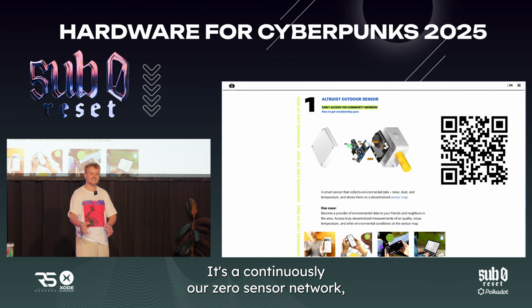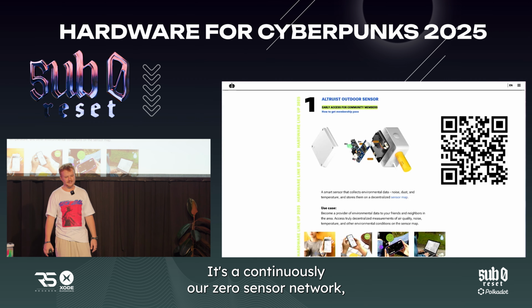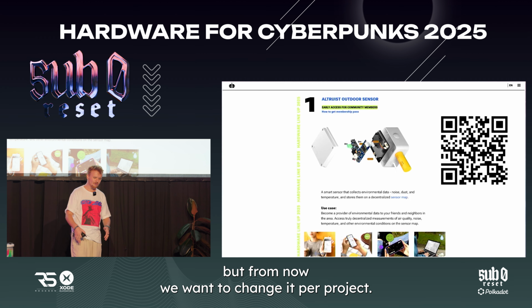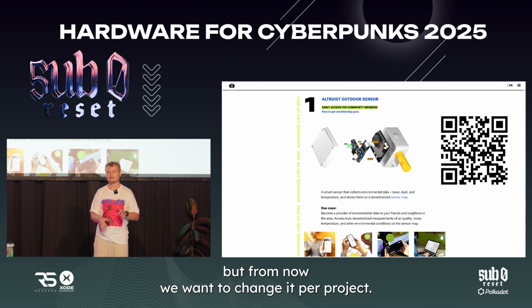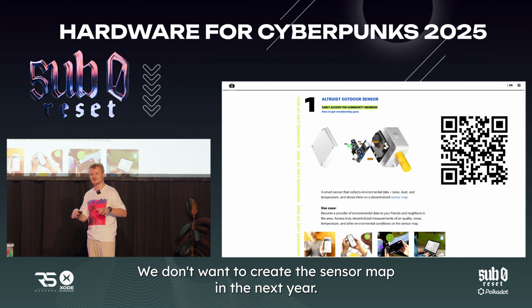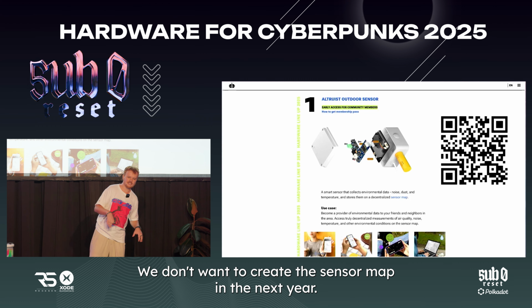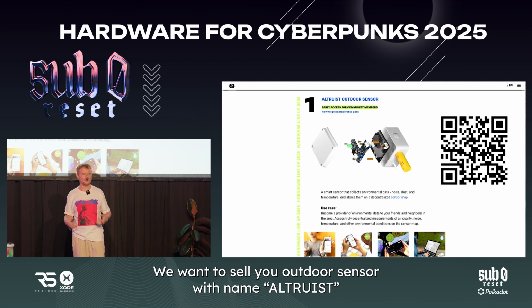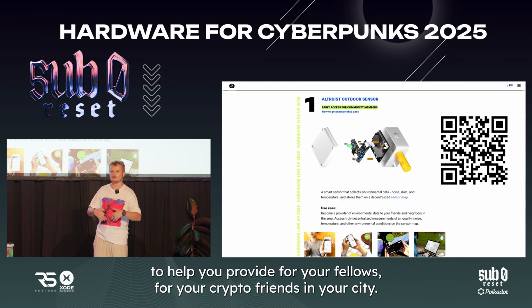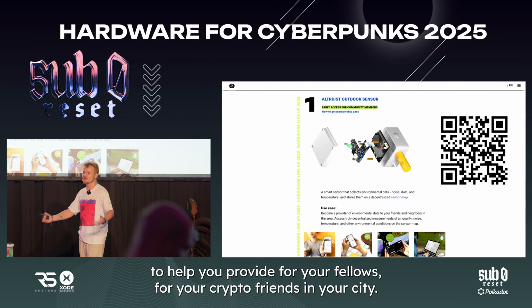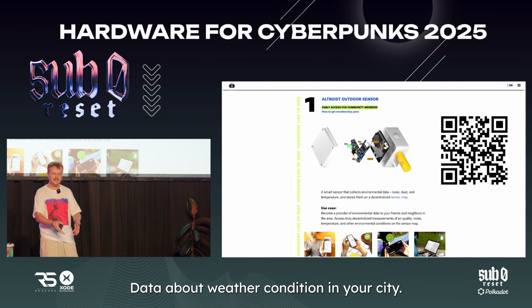It's continuously our Civil Sensor Network, but from now we want to change the project. We don't want to create a sensor map next year. We want to sell you an outdoor sensor named Altruist to help you provide your fellows, your crypto friends in your city, data about weather conditions.